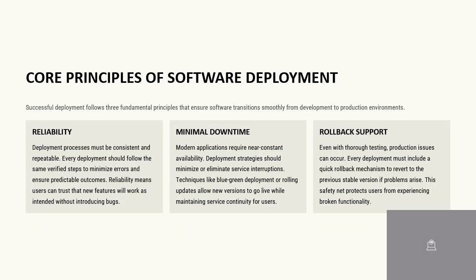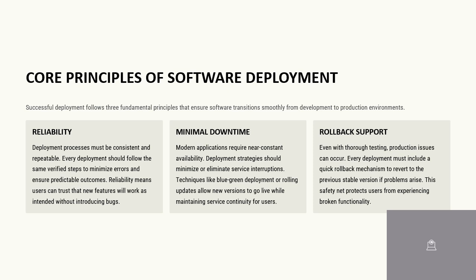Now, what makes deployment successful? The first line says successful deployment follows three fundamental principles that ensure software transitions smoothly from the development to the production environment, which we already touched on. The first thing is reliability. Every deployment should follow a consistent process.